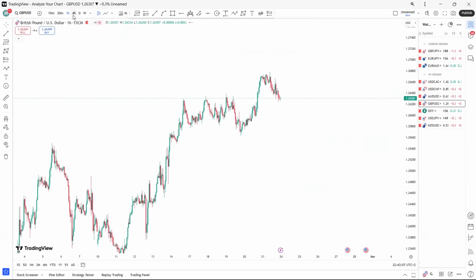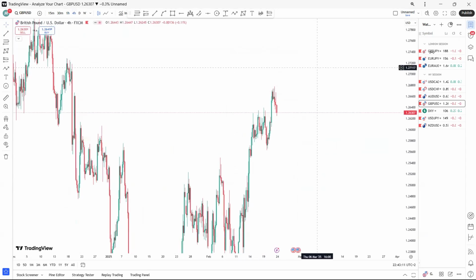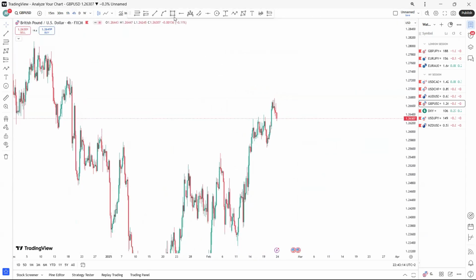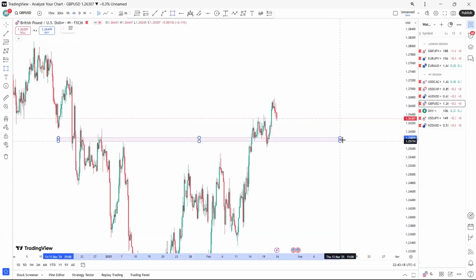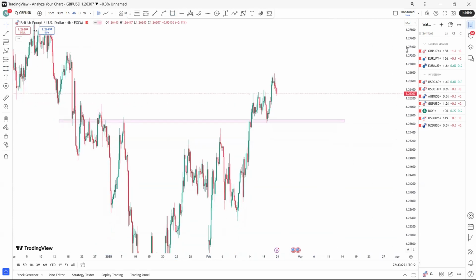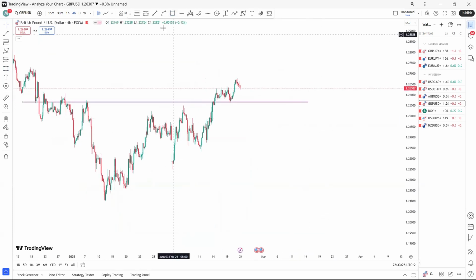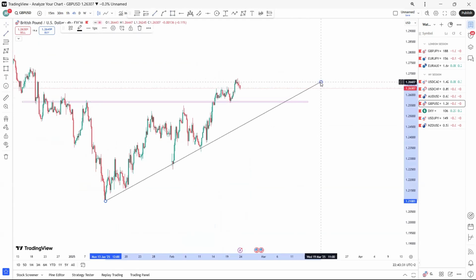GBPUSD. This is the last analysis, I guess, because of time. But we can just mark out this point over there. Then we can just mark out a bullish trend. You see, this one goes against the dollar.